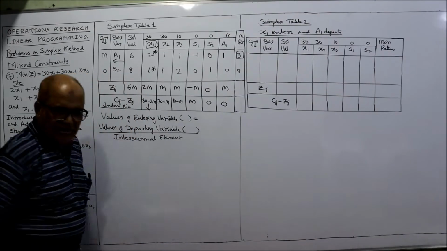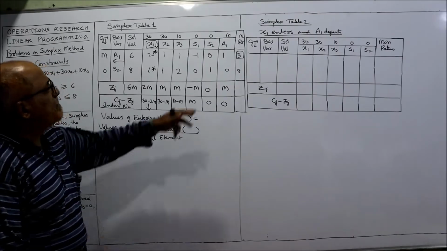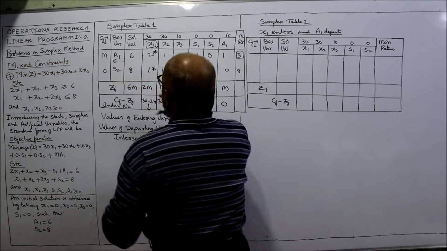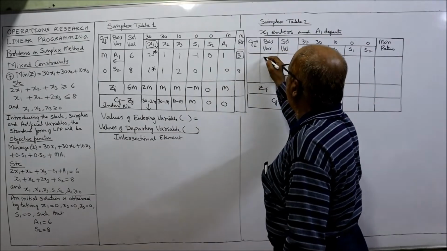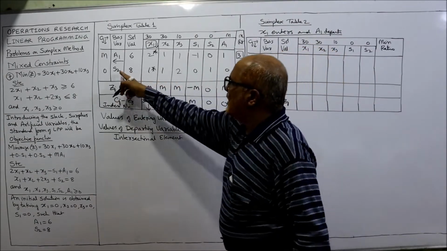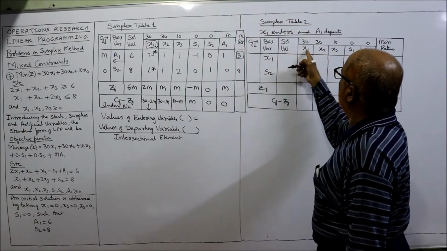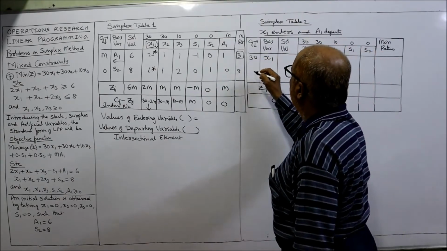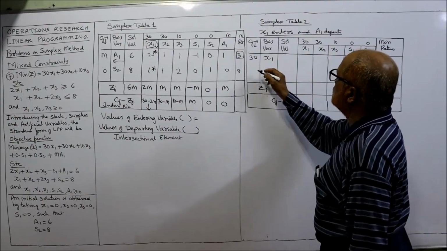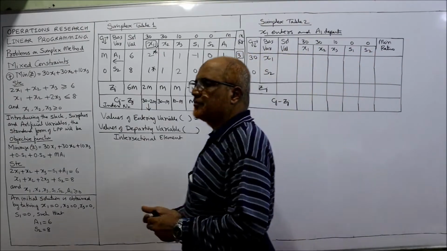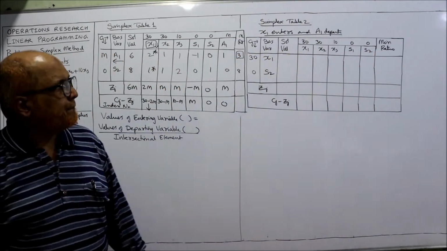The entering variable is x1. See, in place of a1, I am writing x1 and second s2 same as it is. So x1, the coefficient is 30 and here s2 coefficient is 0. That's all.